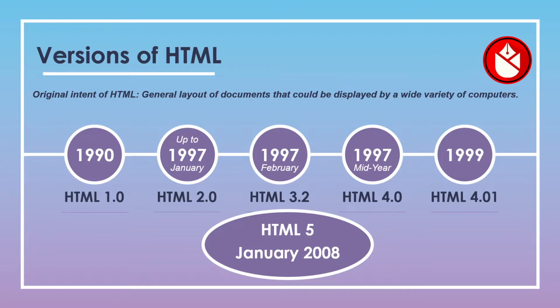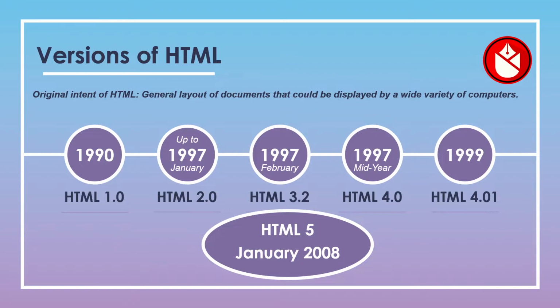Practically in 1990, the first HTML version, HTML 1.0, was developed. HTML 2.0 was used for web development up to January 1997. Then up to February 1997, HTML 3.2 stepped into the scene.